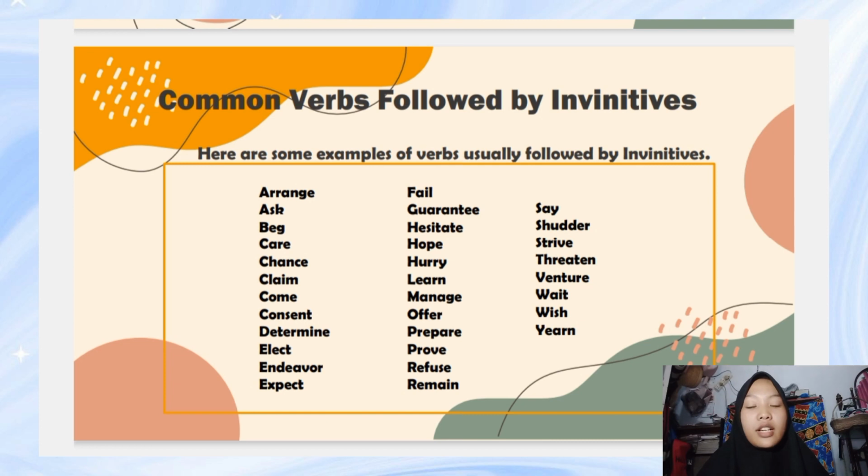Okay, next material. Common verbs followed by infinitives.